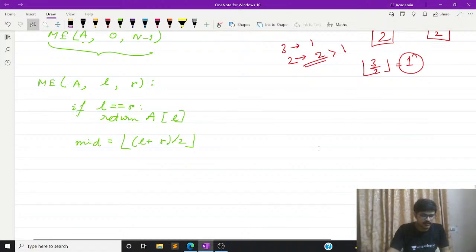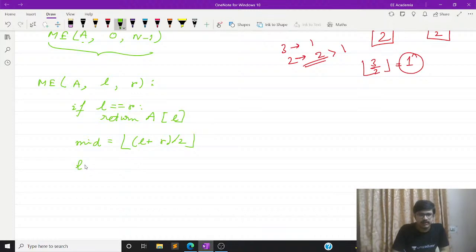So what we were doing was trying to find the majority element, right? I divide this array into two halves. Now I am going to find the majority element.